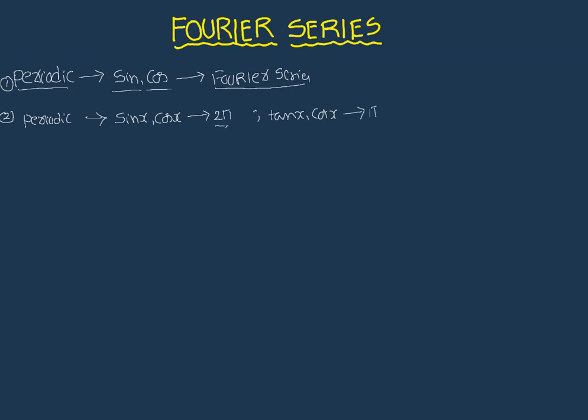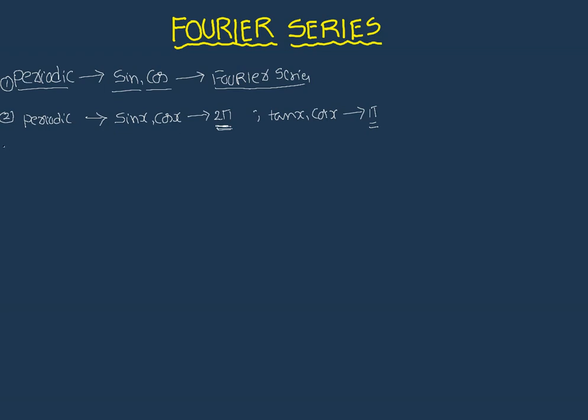After the period 2 pi, you are going to get the same figure. Here also, after the period pi, the figure is going to be repeated. Therefore the period is pi here, and here the period is 2 pi.